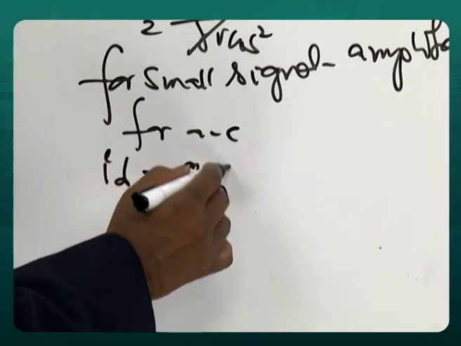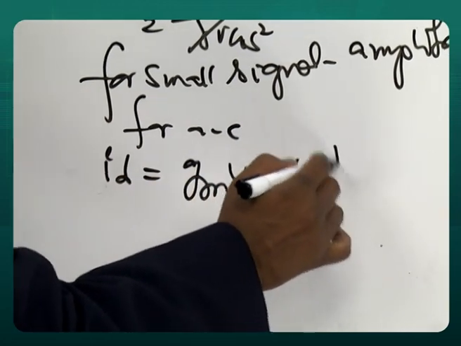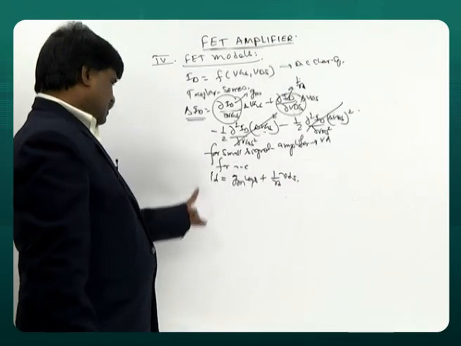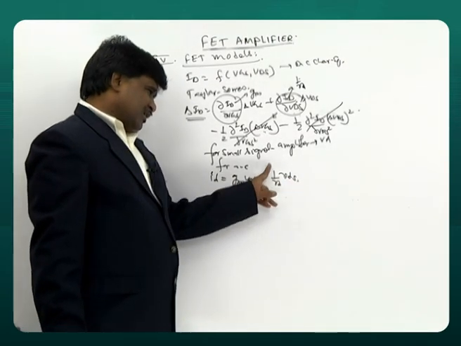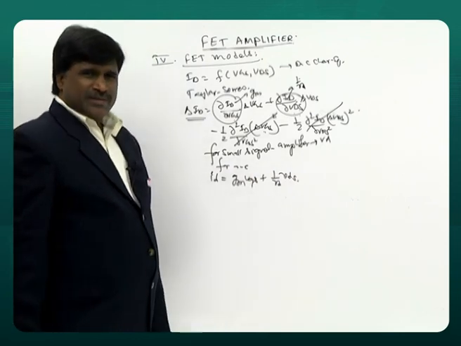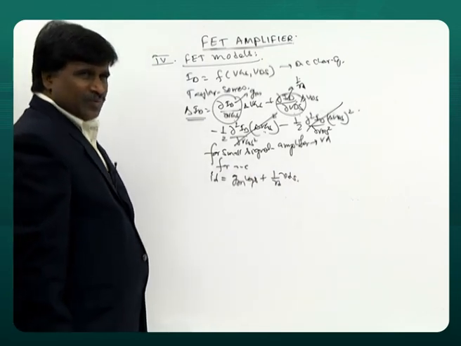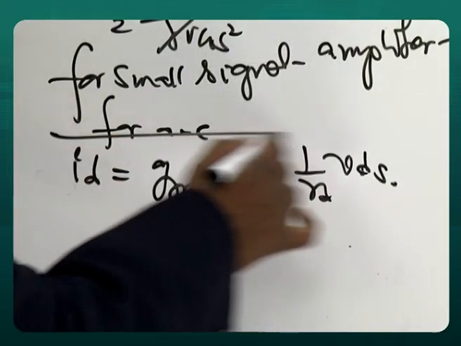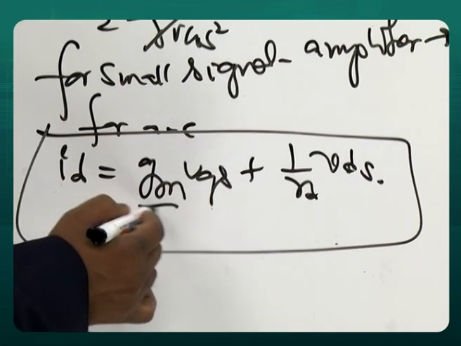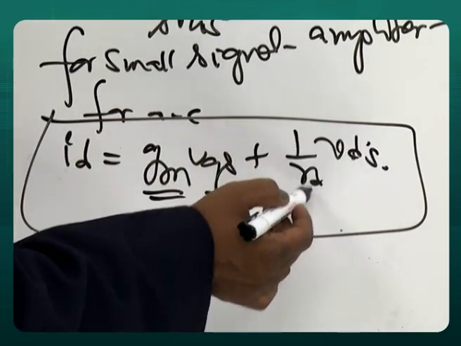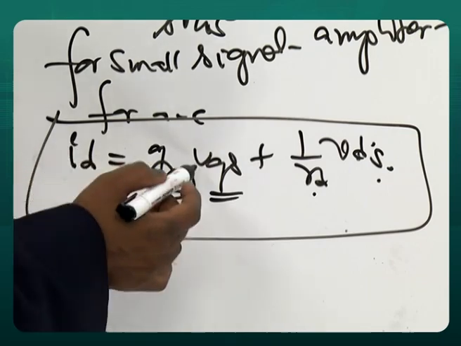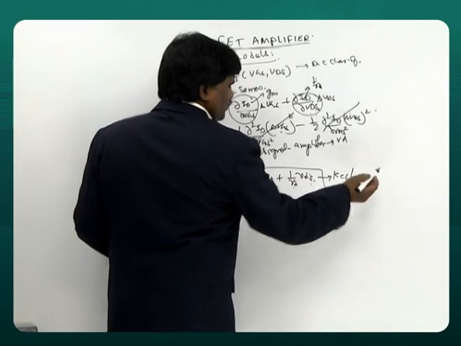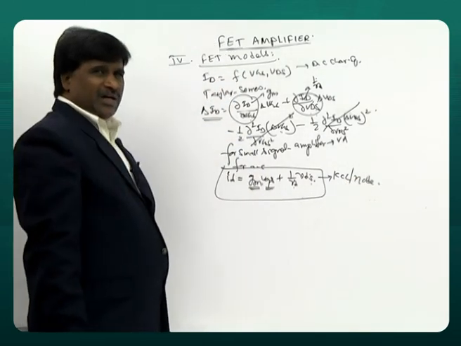This becomes ID is GM into VGS plus 1 by RD into VDS. Now please look at this equation. Conductance into voltage is current, voltage by resistance is current, current is equal to current plus current. It's making a KCL, Kirchhoff's current law, or a node.